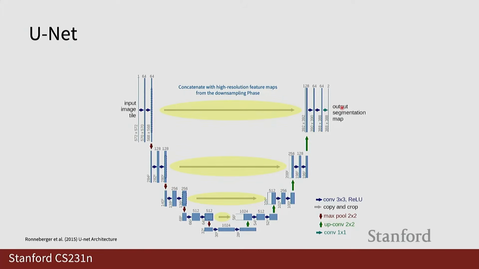That way, you keep the structural information within the image and generate much sharper outputs. So this was the idea behind UNet, and as I said, it's being used quite often.